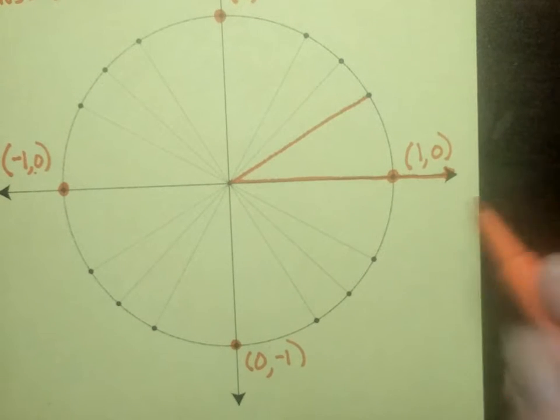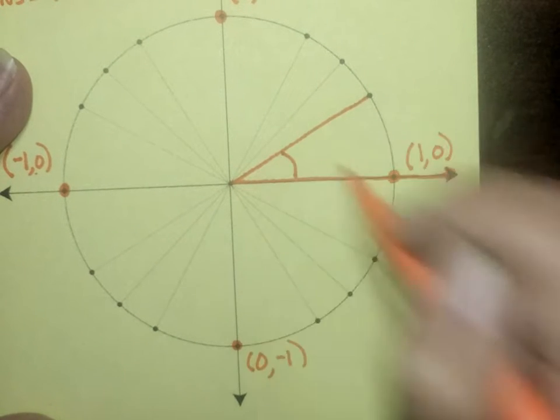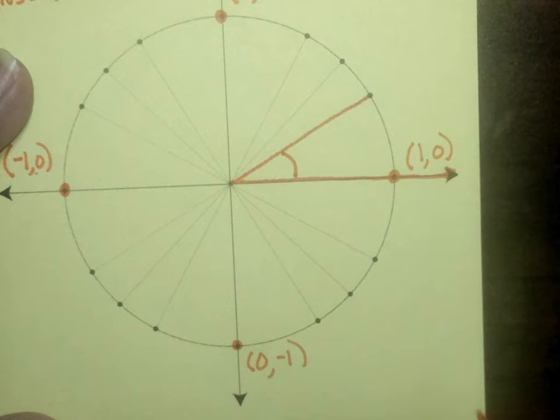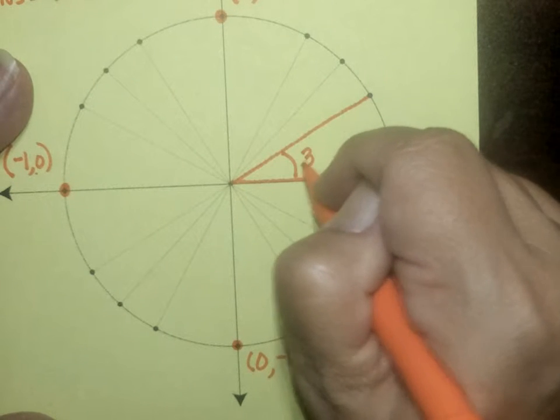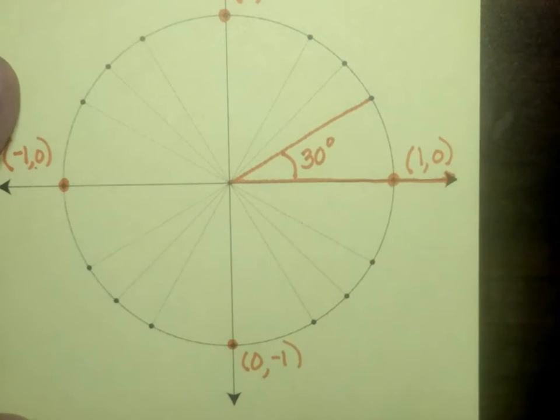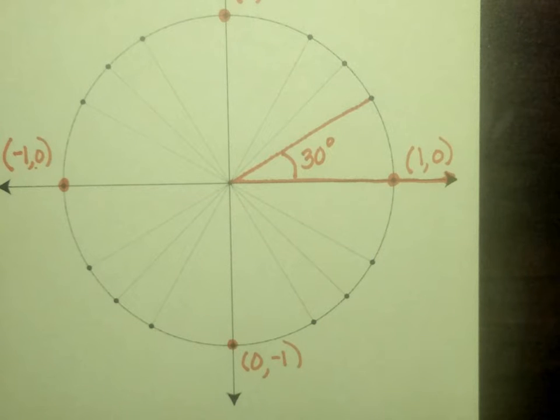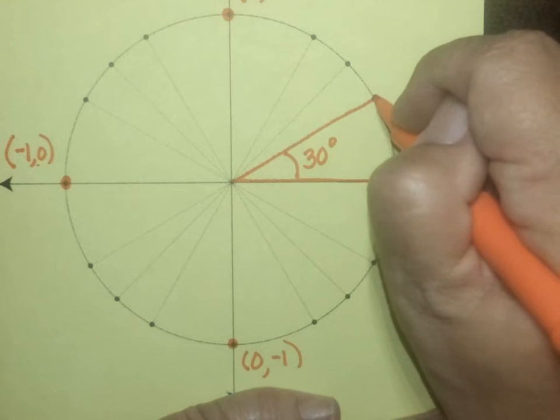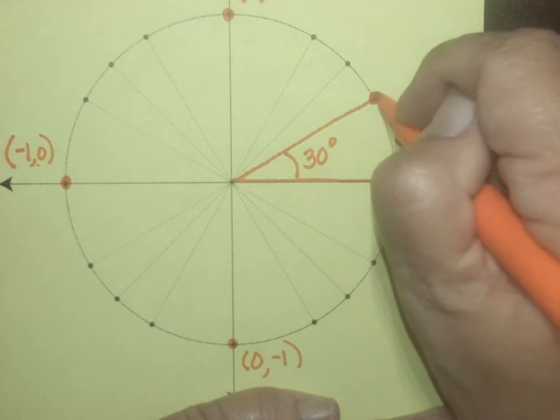So first, we've got this angle right here. This angle measures 30 degrees. We could take our protractors and verify it, but that's not really why I gave you the protractor. I gave you the protractor just to have a straight edge. That's a 30-degree angle, and I want to find this ordered pair right here.